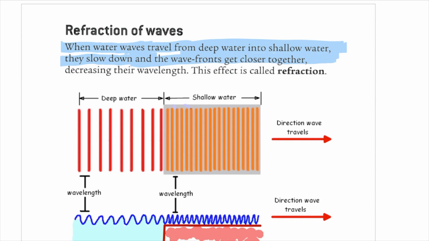We learned about this actually when waves break near the shore. When you've got waves, they get near the shore, the back of the wave catches up with the front because it's in deeper water, so the wave breaks.